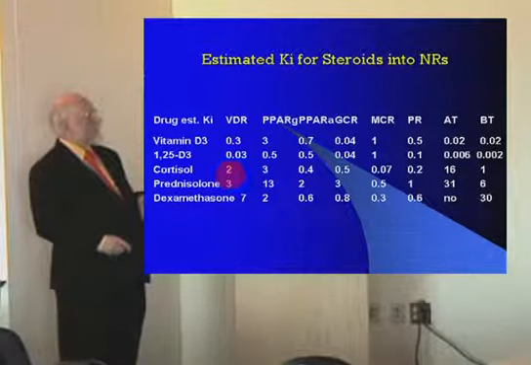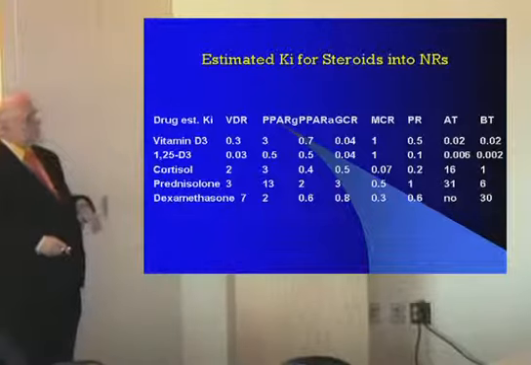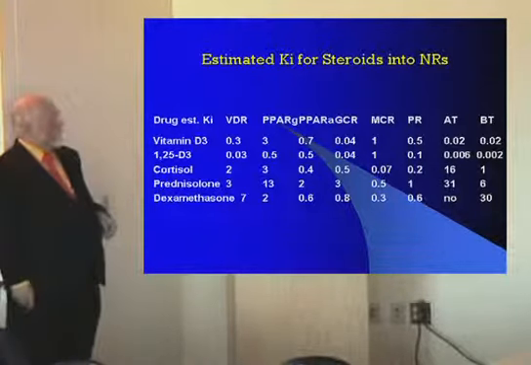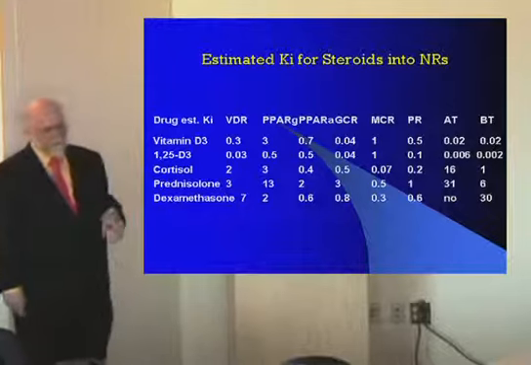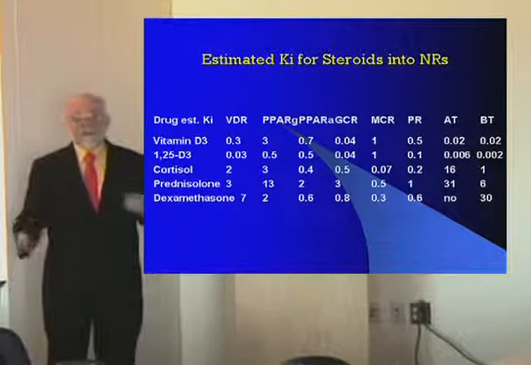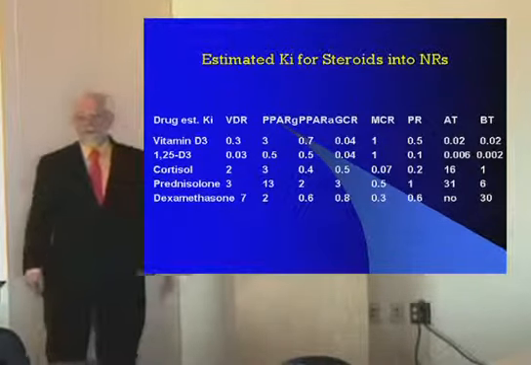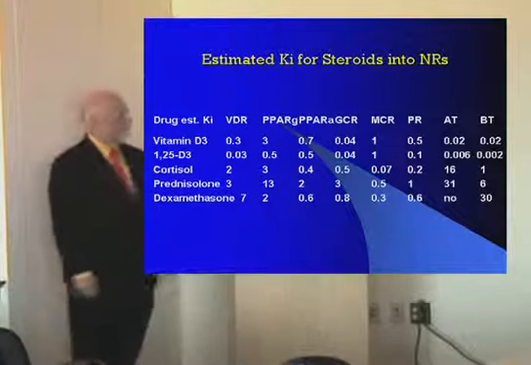Same with PPAR alpha, there's a significant difference, and there's not much into the alpha thyroid, 2 to 1. The amount of error involved in the molecular genomics calculations is quite high, and you get anywhere within 3 to 1 or so, so you have to regard the numbers as being essentially the same.